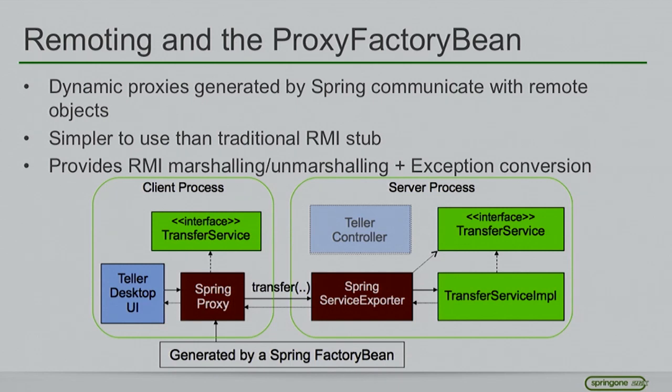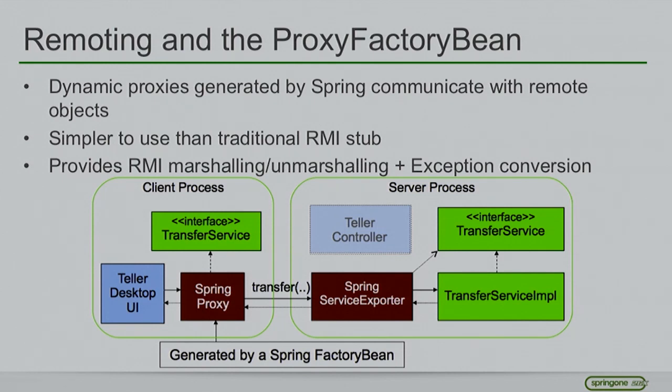So with this remoting, the general strategy is that I have some basic implementation, we'll call it the transfer service impl that we've been talking about, that implements the transfer service. I expose a service exporter that provides the server-side marshalling capability. Then on the client side, I use the interface to generate a proxy using a proxy factory bean.